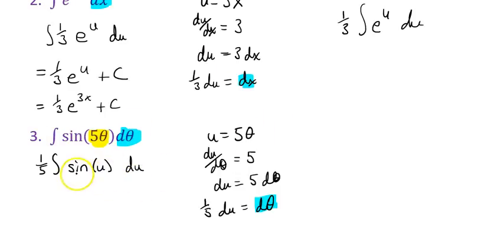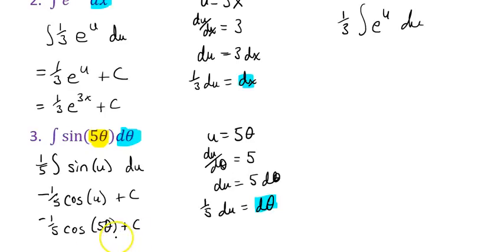And in this case, again, now I'm down to a rule that I know, and the antiderivative of sine is negative cosine. So I'm bringing down the 1/5, and I'm getting a negative, so I'm going to say that's negative 1/5 cosine u plus c. And then I just resubstitute. So negative 1/5 cosine of 5 theta plus c.